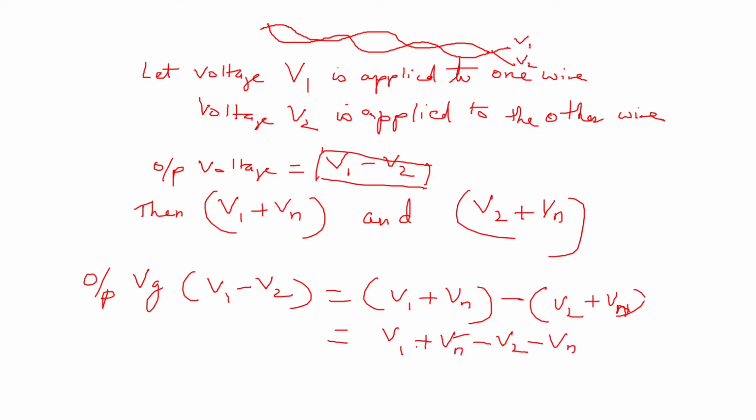So Vn will get cancelled and what will remain is V1 minus V2. And that is what we want as the output voltage. So because of twisting, we can show that the noise added in a differential transmission can be eliminated. So this is also one way to show why we twist the wires.